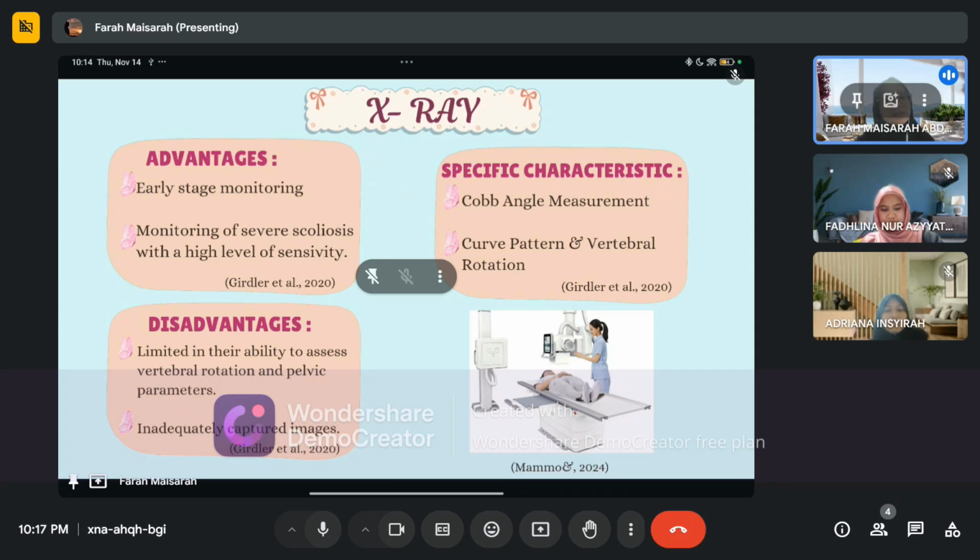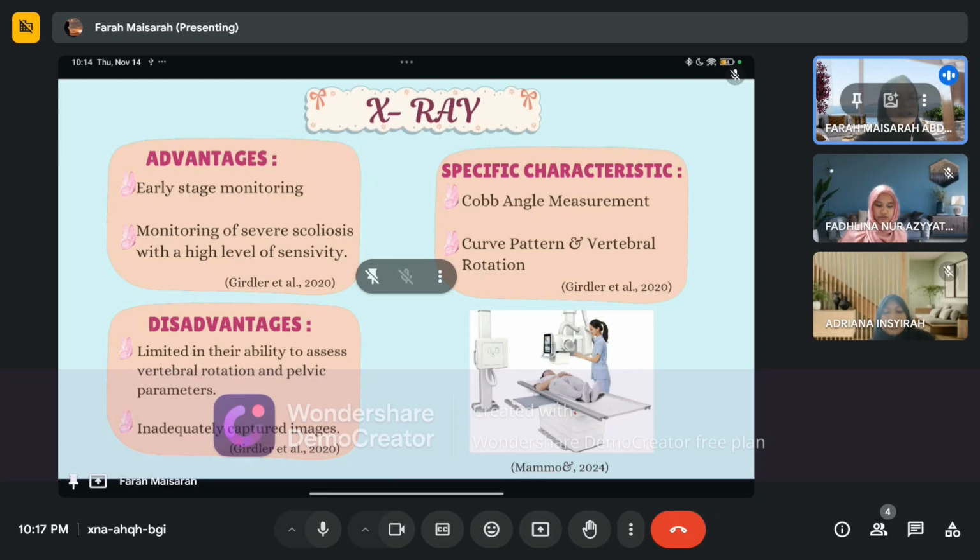For the disadvantages, it's limited in its ability to assess vertebral rotation and pelvic parameters, because we all know the X-ray machine cannot rotate around the whole body, like it does not have slices or something, just limited rotation, so it will have a problem analyzing the whole spine, and that can cause the image to be inadequately captured.